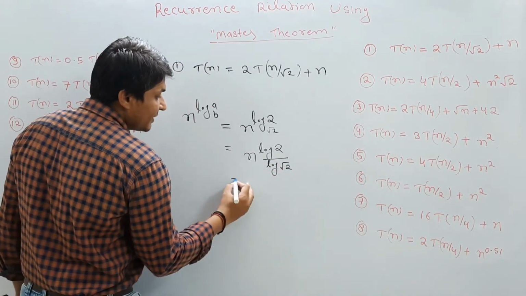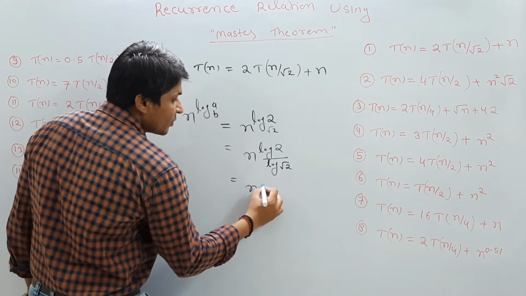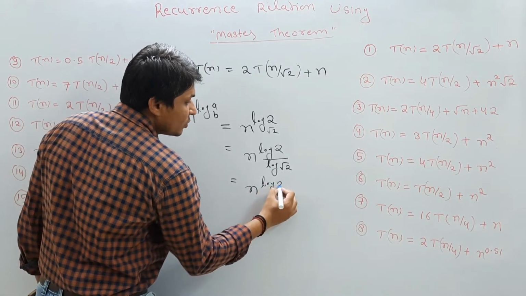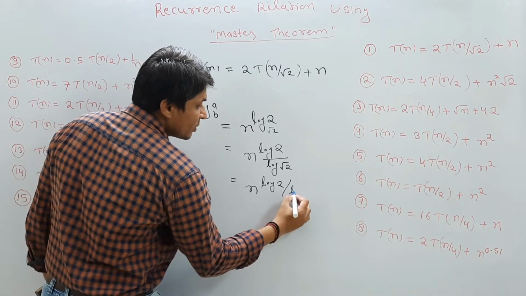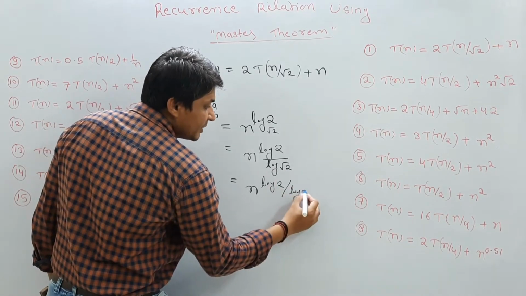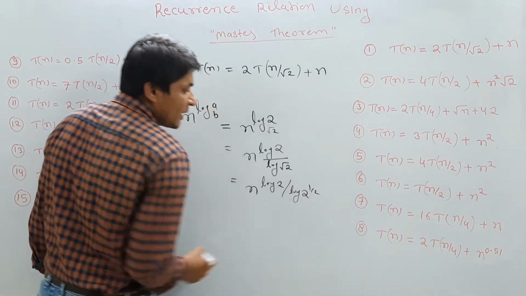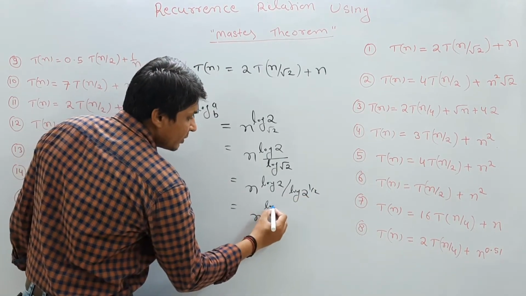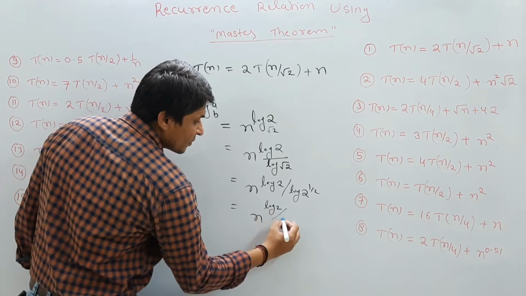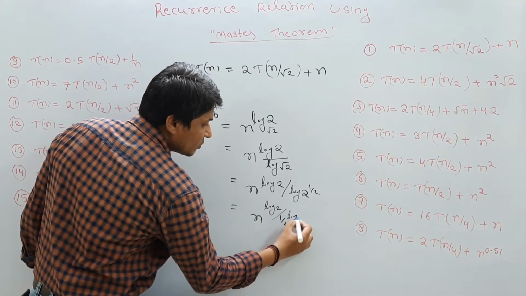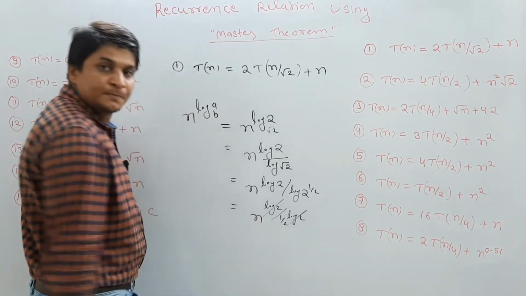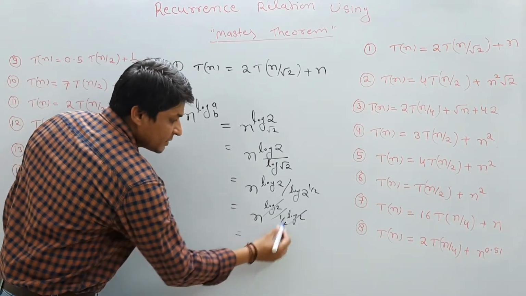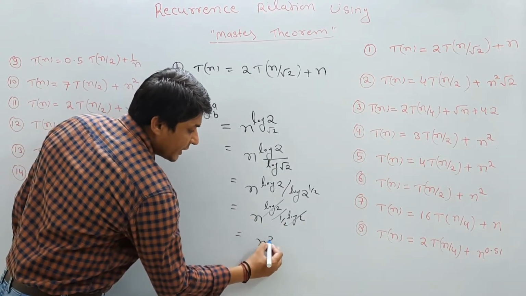If you further simplify this, it is going to be n raised to log 2 upon log 2 raised to power 1 by 2, and this 1 by 2 will come to this side. So in the next step it is going to be log 2 upon 1 by 2 log 2. So log 2 cancels. Now if you simplify this, it is going to be n square.